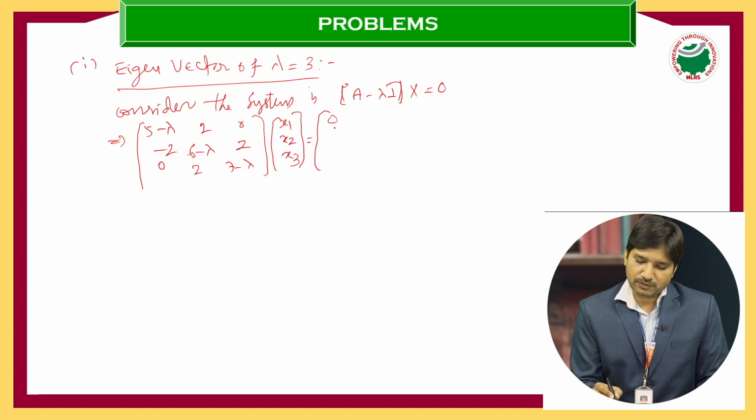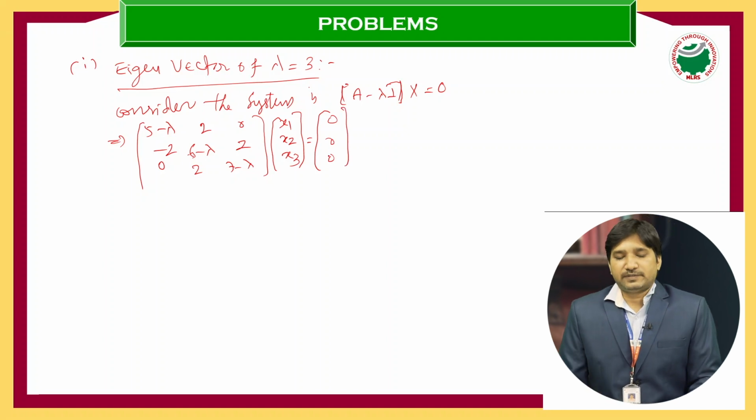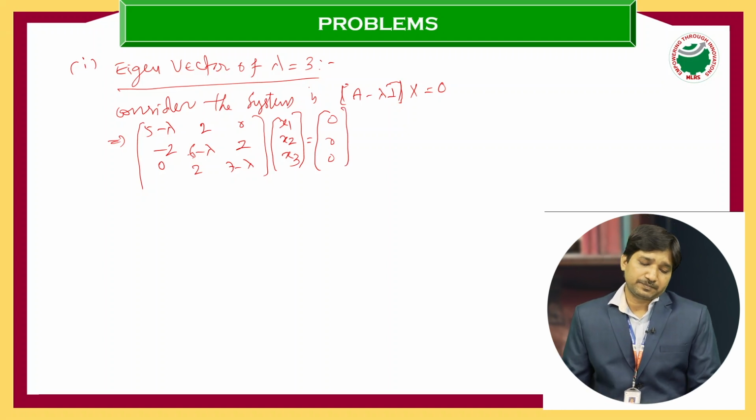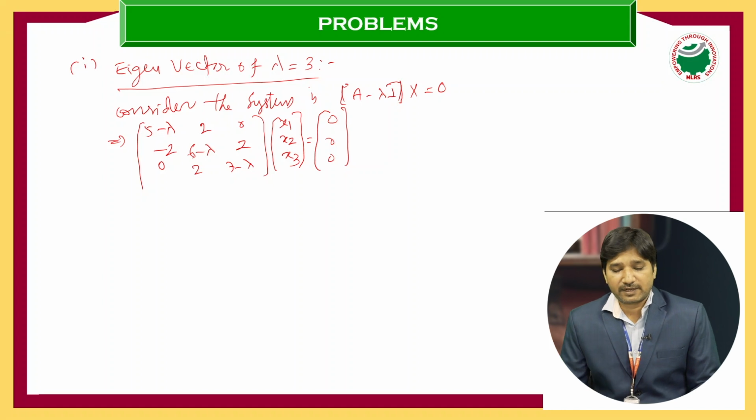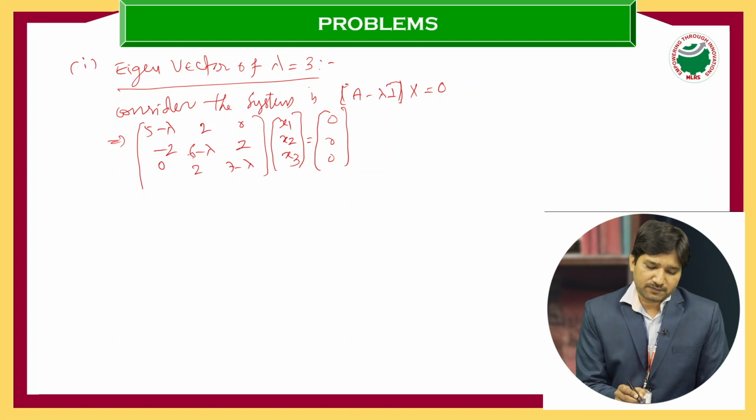Right side is the 0 column vector. Okay, this is the system of equations. Now the first eigenvector, of the eigenvalue lambda equal to 3: substitute lambda equal to 3 in the system.